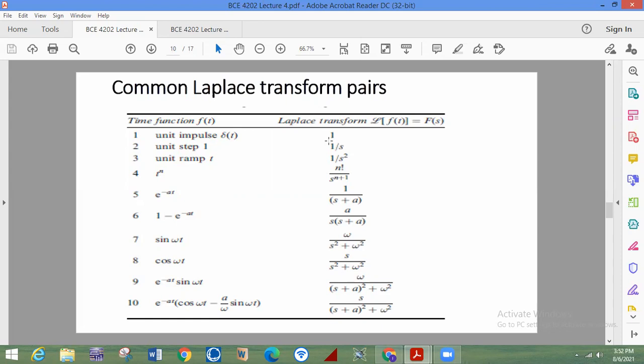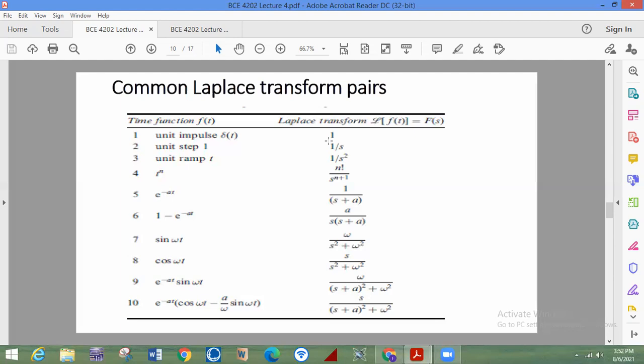Excuse me, sir. Yes, Robert. Someone might not be able to cram the whole of this table. Even in engineering math, they used to provide us with the table containing the transforms, so that when you meet it you just apply it, because the calculation will be too long.